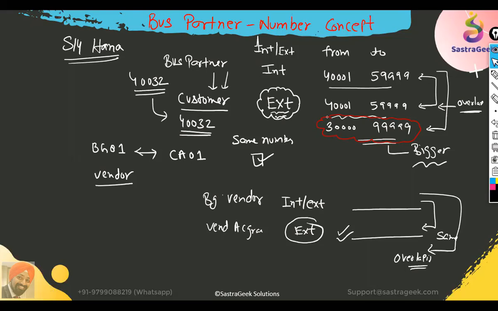That can be the case if you have a single customer account group linked with multiple business partner groupings. In that case, you can have a bigger customer account group, and the numbers are coming from the multiple business partner account groups.